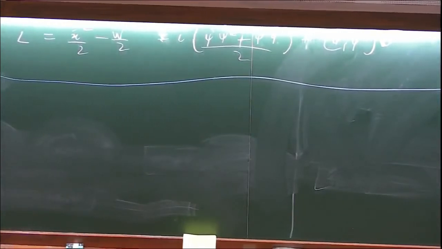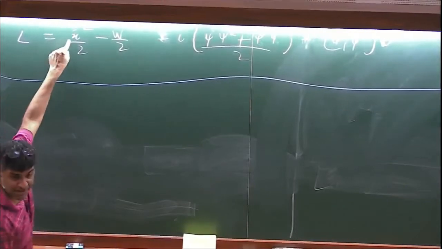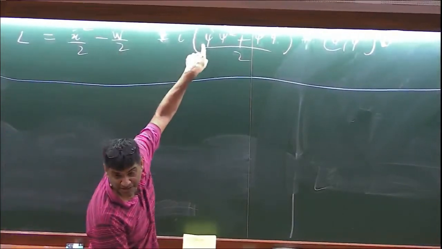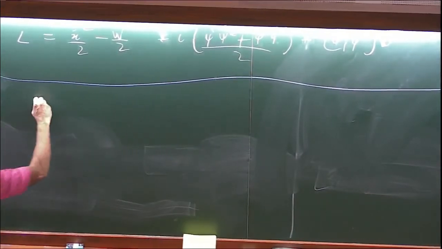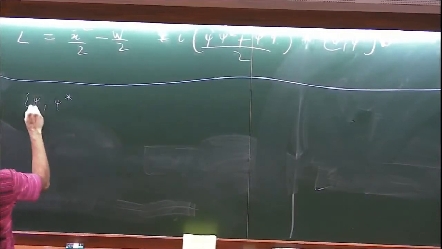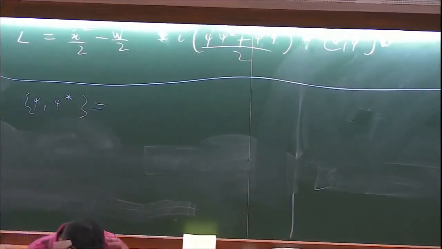So now, what we have here is a Lagrangian where the basic degrees of freedom are a bosonic variable x and a fermionic variable psi. And if we go through and quantize this system, in the way that you are supposed to quantize fermionic theories, you will find the anti-commutator of psi and psi star is equal to 1.